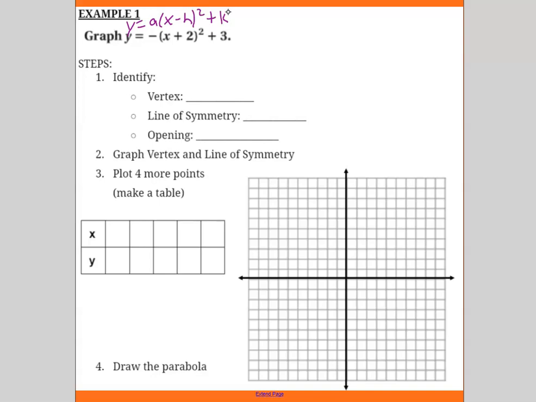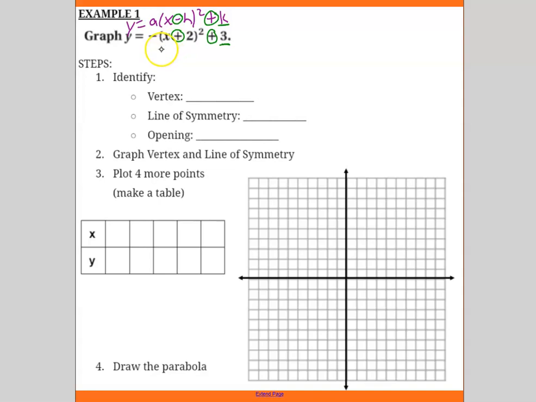Now, like I said, we have to pay attention to the signs. So if we look, we have a minus sign here and a plus sign here, and a plus sign here and a plus sign here. So right now we know that k is 3, but right now our h is not 2 because minus h and plus h are not the same thing.